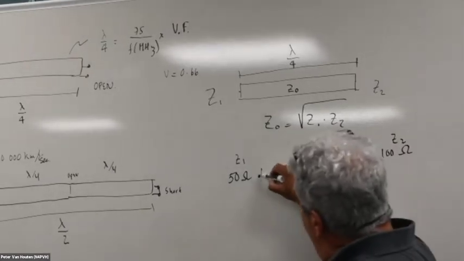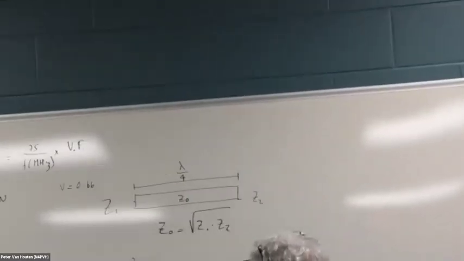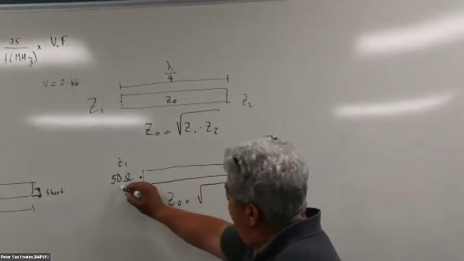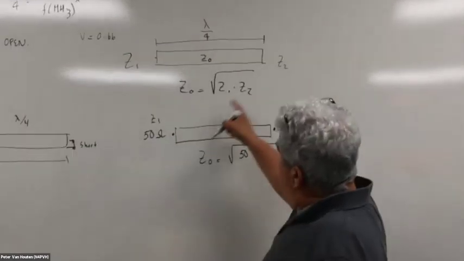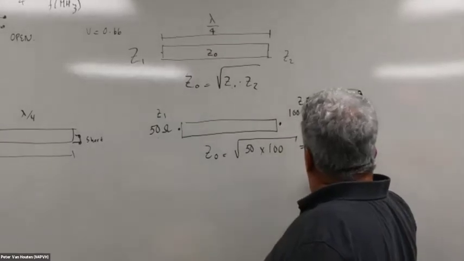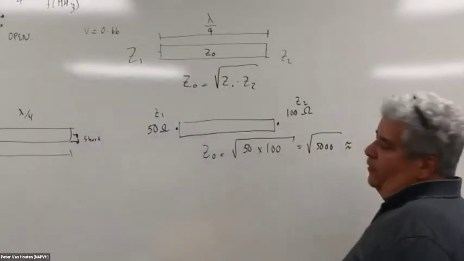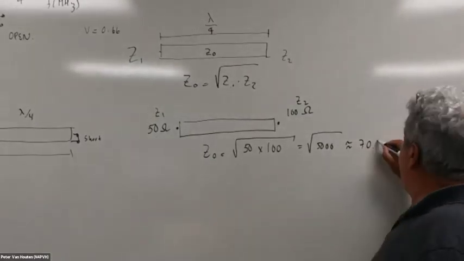So if I want to put a quarter wave transmission line here to match these two, it will be Z0 is equal to the square root of Z1, 50 ohms, times Z2, which is 100 ohms. This gives me the square root of 5,000, which is pretty close to 70 something ohms, like 70.7.